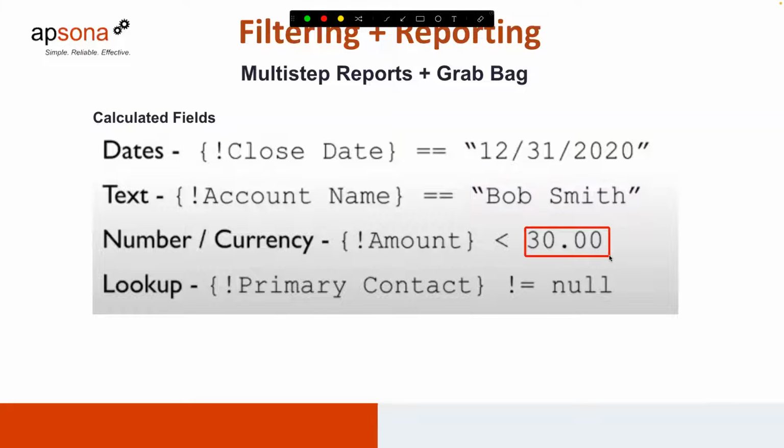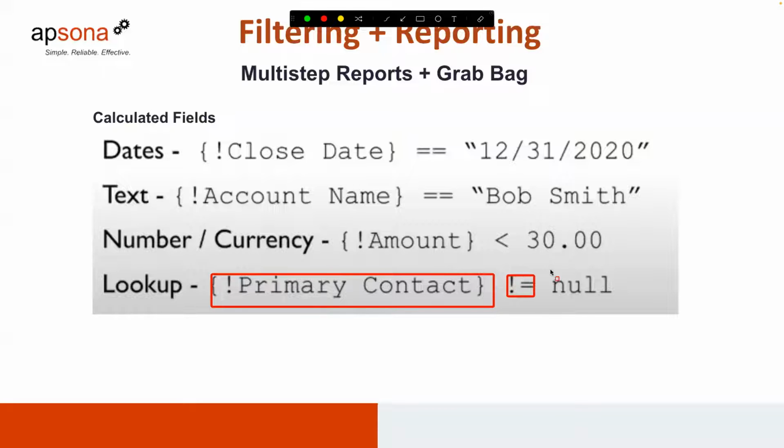A currency or a number does not need to be in quotes. You can work with lookup fields as well. This example is saying, I want to find a record where the primary contact is there, that it has a primary contact. So I'm saying this lookup field is not null, and that's a valid use for that field type.